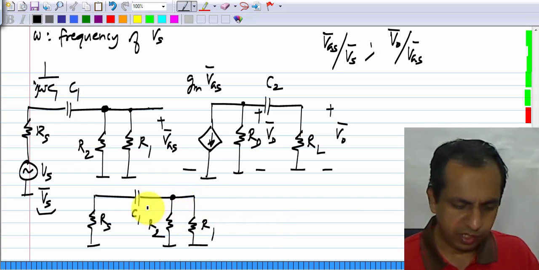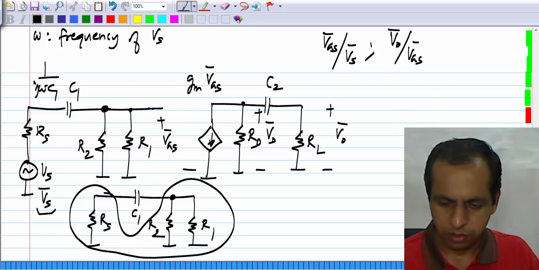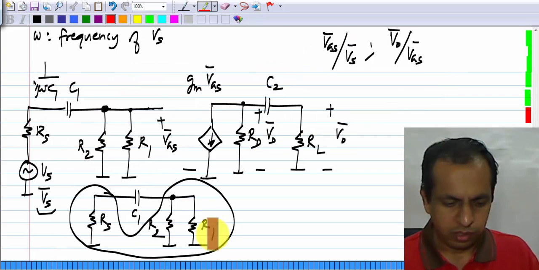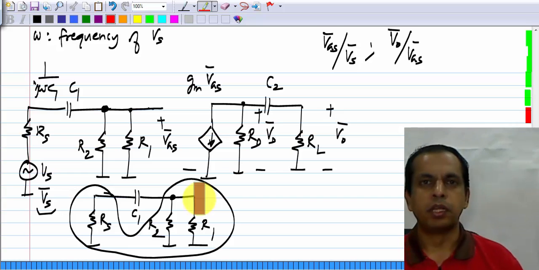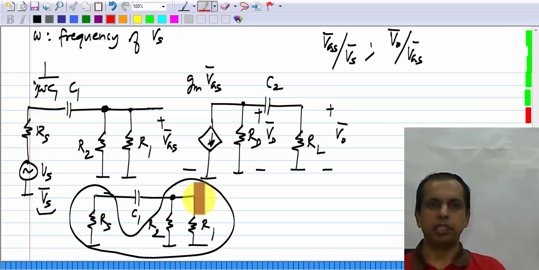And you simply see that Rs plus R2 parallel R1, which you see in this expression, is the resistance that appears across C1. Now, again, if you recall basic electrical circuits, the way you evaluate time constants in a first order system is by looking at the resistance that appears across a capacitor. So, that is exactly what we are doing here.